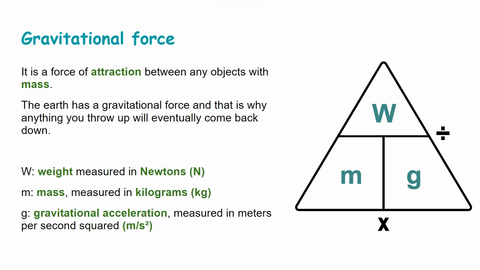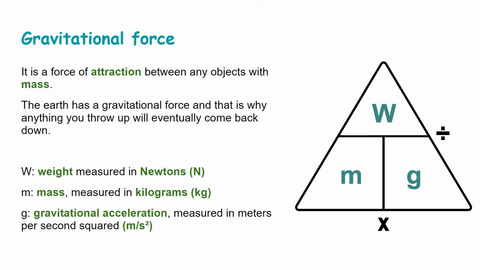Weight, on the other hand, changes depending on where you are. For example, your mass might be 40 kilograms on Earth and the moon, but you will weigh more newtons on Earth than on the moon because the gravitational force on Earth is 9.8 meters per second squared, so it is higher than it is on the moon, where the gravitational force is 1.6 meters per second squared.